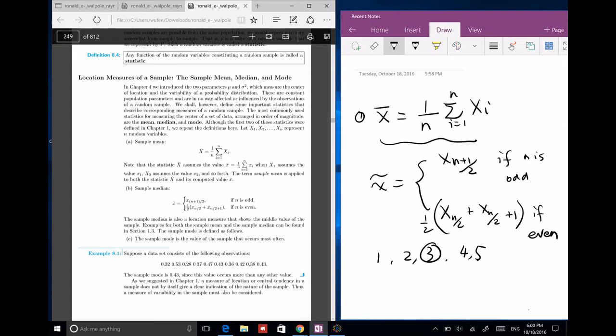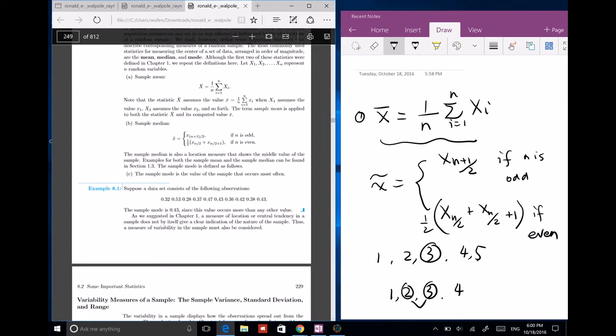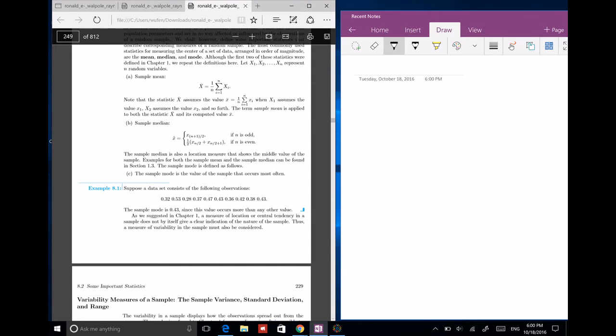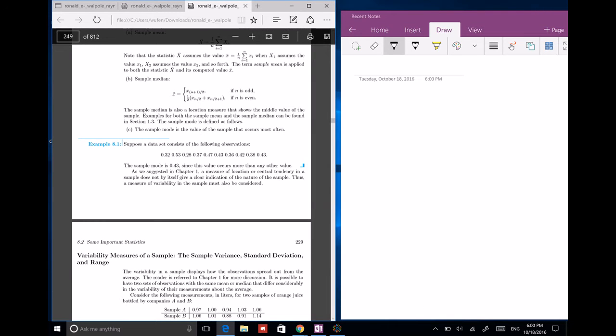For 1, 2, 3, 4, the median is 2 and 3 added together and divided by 2. So we have the same definition as in chapter 1. The sample is just a small group of data, but all the methods are the same for the sample mean and sample median.